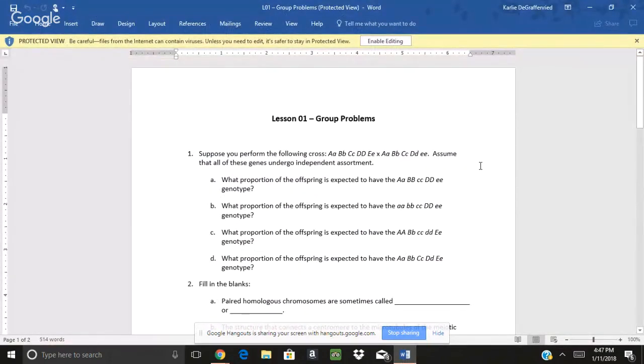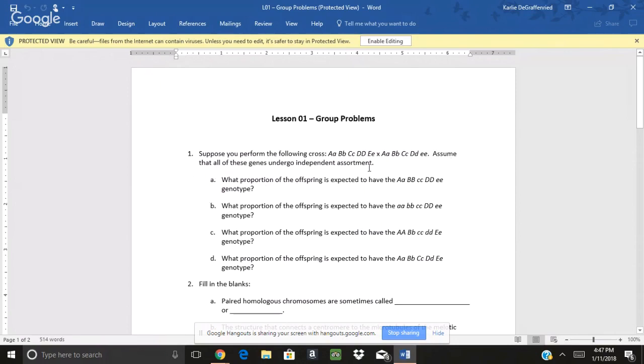All right, so for the group questions, the first one is, suppose you perform the following cross: capital A, lowercase a, capital B, lowercase b, capital C, lowercase c, uppercase D, capital E, lowercase e, with heterozygous A, heterozygous B, heterozygous C, heterozygous D, and recessive E. All right, hopefully you get the picture there.